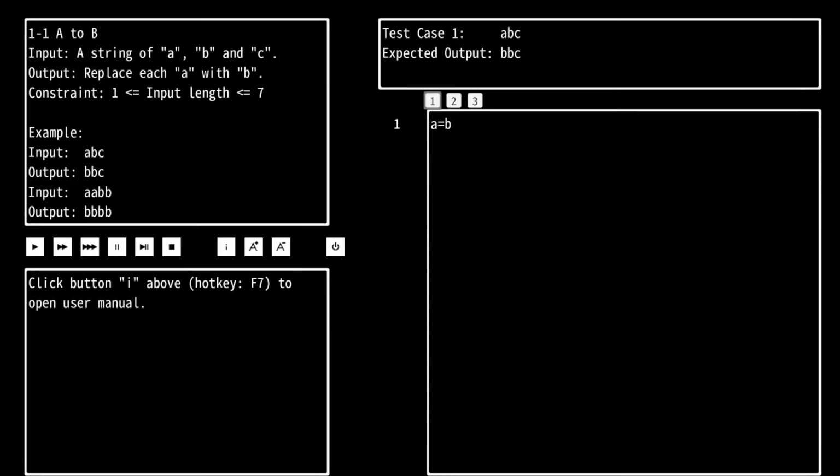Replace each A with B. It's already there. There's a user manual. Oh my god, there's a manual. Got a bad block.